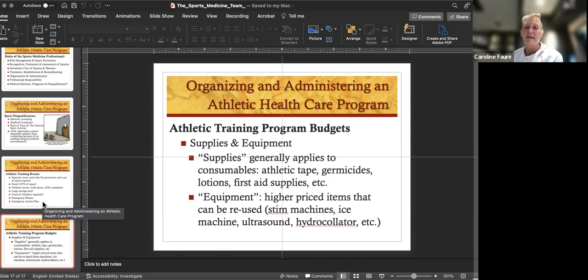A well-equipped athletic training room will also have lots of other equipment, higher priced items, things like stim machines, hydrocollators or moist heat pads, ice machines, whirlpools, Game Ready systems or cold compression devices. Those are the kind of things that are luxurious in sports medicine care.